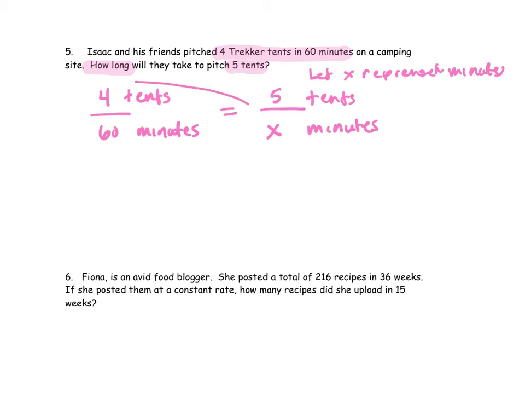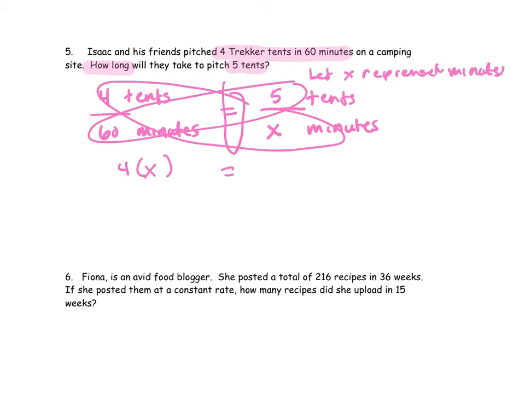So we're going to take 4 times x, and then 60 times 5. And that's going to give us 4x equals 300. And then we're going to divide both sides by 4. And we're going to get x equals 75.